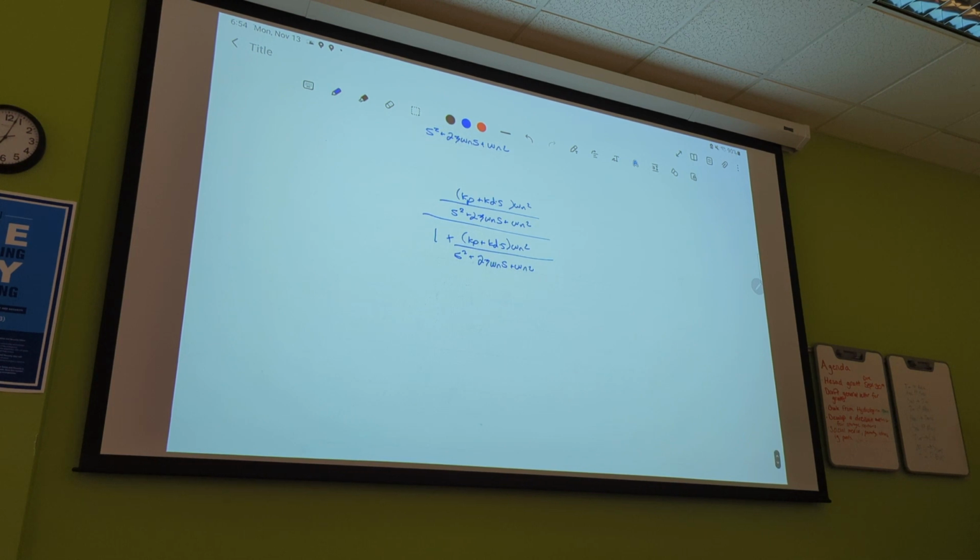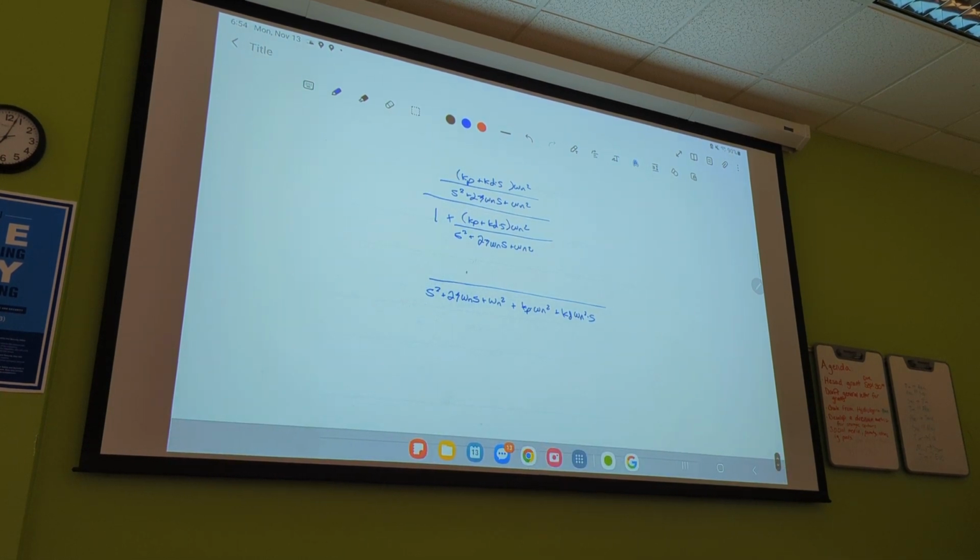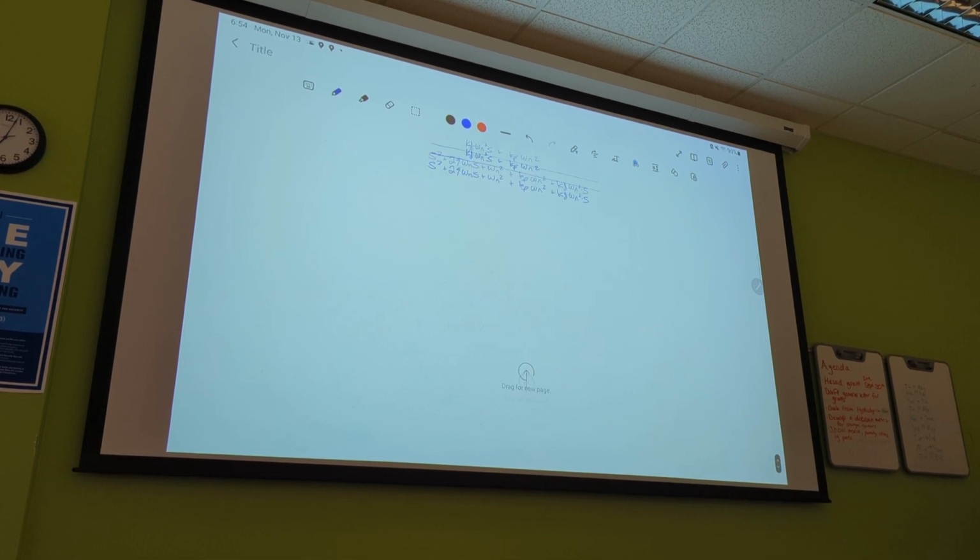If we do algebra on that, we're going to get s squared plus 2 zeta omega n s plus omega n squared plus Kp omega n squared plus Kd omega n squared times s. In the numerator, we'll have Kd times omega n squared times s plus Kp times omega n squared.